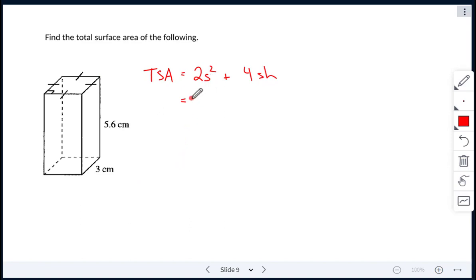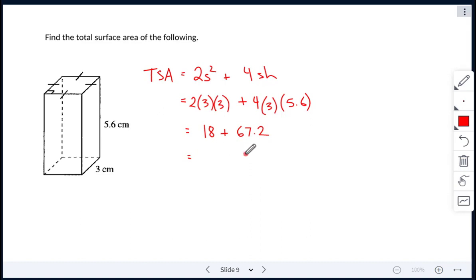All right, so 2s squared, that is 2 times 3 times 3 plus 4 times the side times the height, which is 5.6. All right, so here 2 times 3 times 3, that gives me 18. And then 4 times 3 times 5.6, that is 67.2.